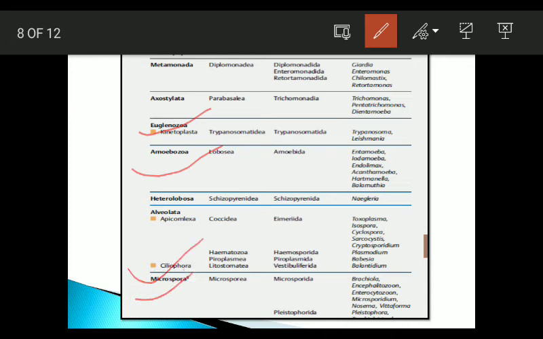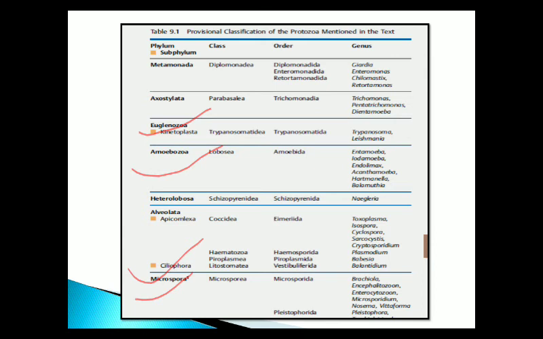These are all examples of subphylum of protozoa, and it includes class, order, and some genus names. That means examples such as Entamoeba, Toxoplasma, etc. So you can go through this table. I think you will get more information other than I informed you.